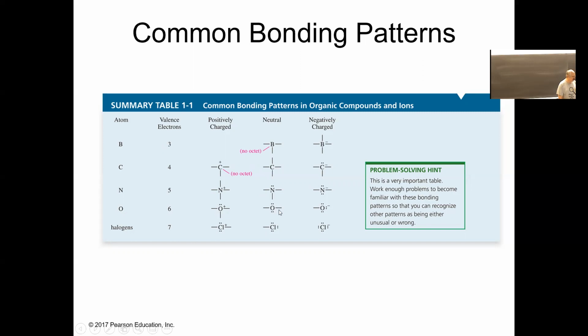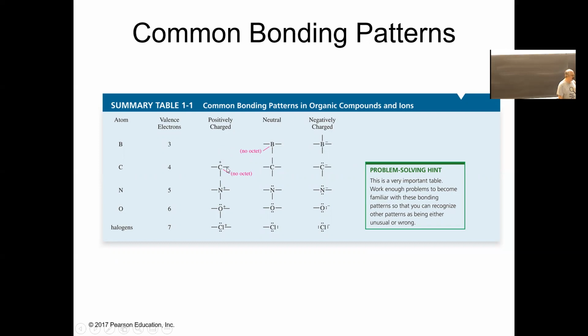Oxygen has 2 bonding and 2 non-bonding. And halogens like chlorine would have 1 bonding and 3 non-bonding. There are no familiar examples of a positively charged boron, but a negatively charged boron would have 4 bonds.